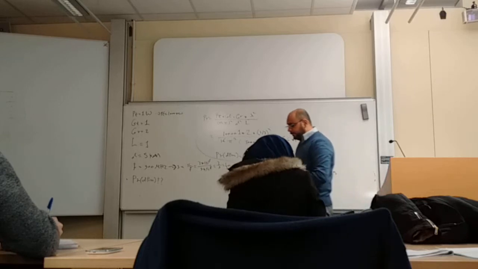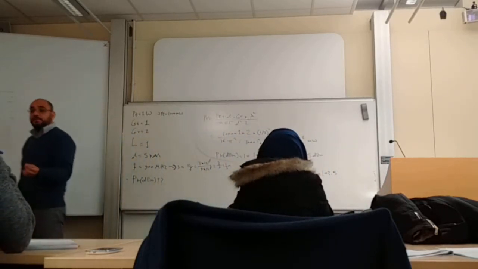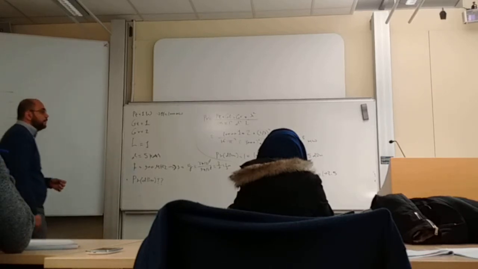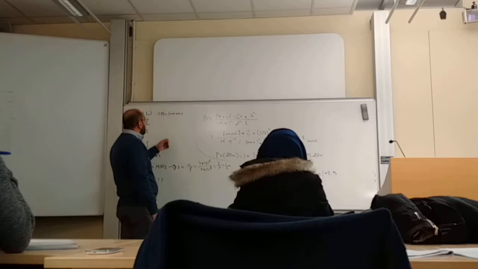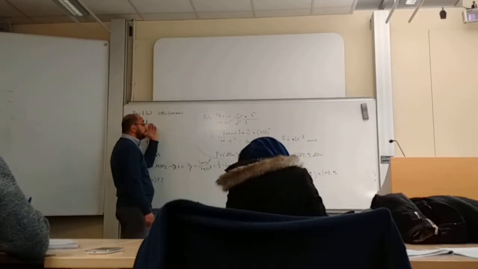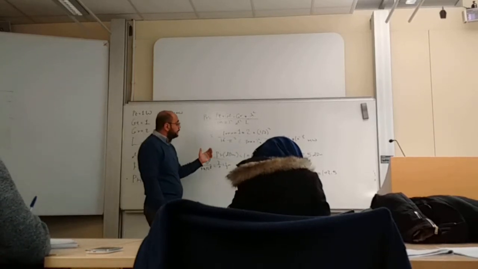So remember, the loss is a positive number. Usually the transmitted power is a positive number. Usually the received power is a negative number, because we have said, for example, 30 dBm, meaning 1 watt. 1 watt is really high power to transmit.